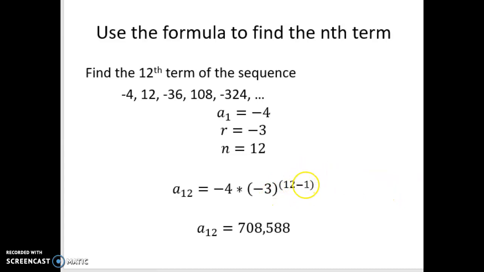And you could maybe just enter the exponent as 11 to avoid having to type more things into your calculator. For the order of operations, if you're doing it one step at a time, subtract the exponent first, then -3 to the 11th power, and then multiply that by -4. The result here should be 708,588.